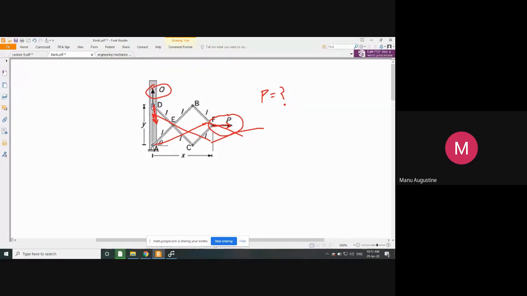Now the question setter is asking you, how much should be the force applied at this location in the upward direction so that even though the P is trying to pull this link in the forward direction, this force Q will not allow the linkage to move. So this Q is supposed to be known.